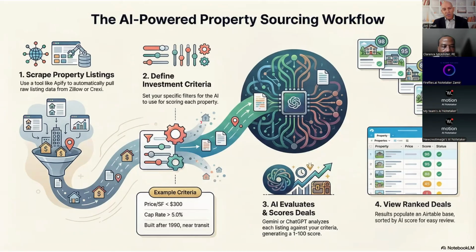What's cool is we're going to scrape a website of deals, a website of hundreds of property opportunities that we would want to source. We're going to put that through some criteria that we've just put together to demonstrate it, and we're going to evaluate those deals and rank them.